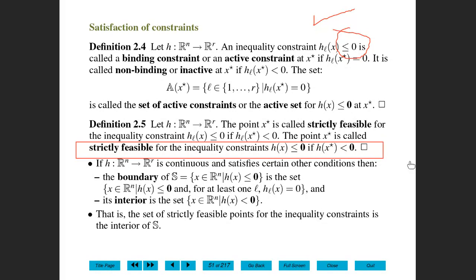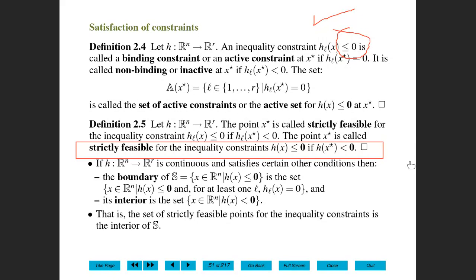And if, for example, there are, let's say, hundreds of constraints, and only one of them is active, it is enough to put the point on the boundary.